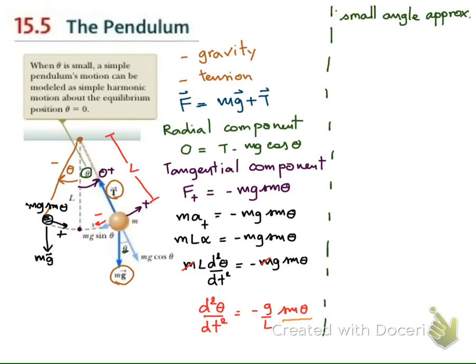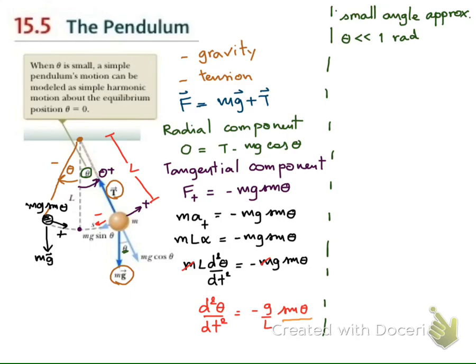So we have this condition that theta is much less than 1, but be careful on this. What is 1 here? You have to specify that it is 1 radian. That is, if theta is much less than 1 radian, for example 0.1 radian or 0.01 radian, then we can use the small angle approximation.